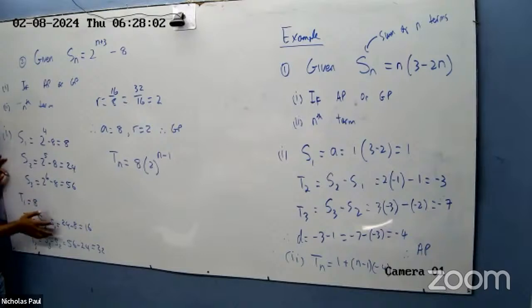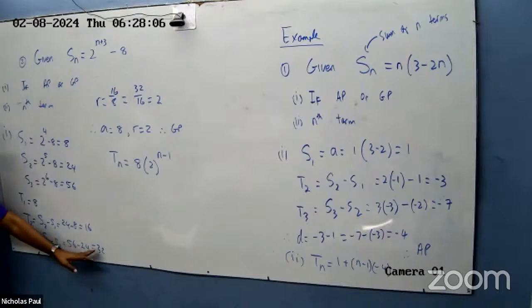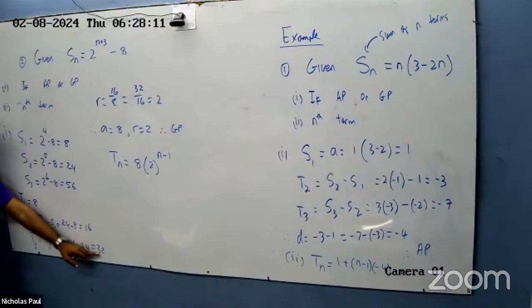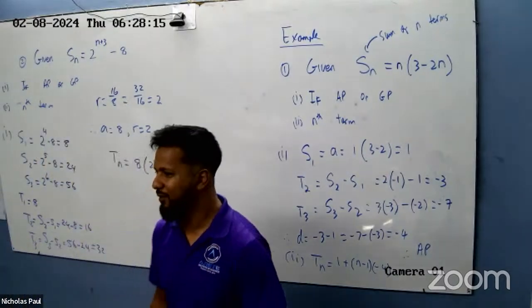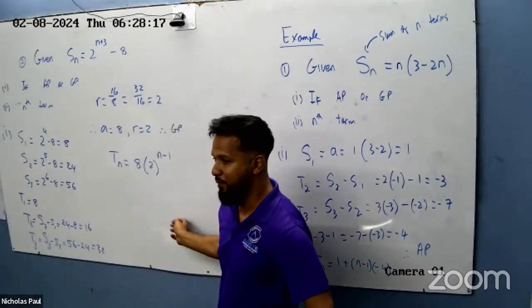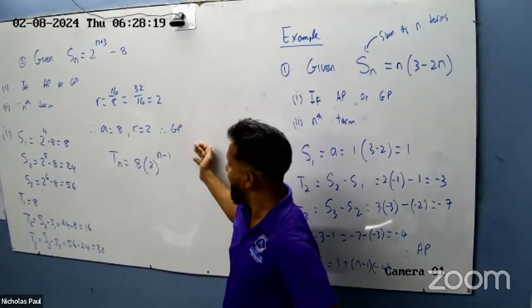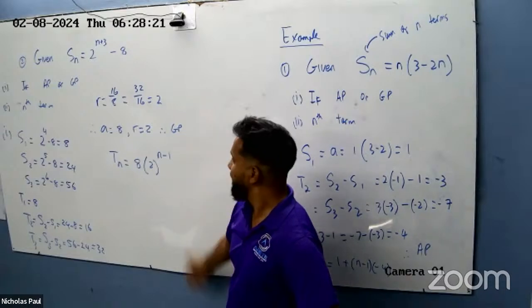Well, it had to be 16, otherwise I'm wrong. 8 by 2 by 2. What's that? AP? It's a GP. All right, nice.